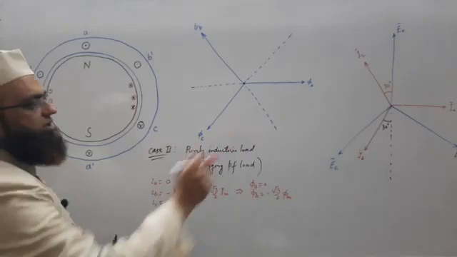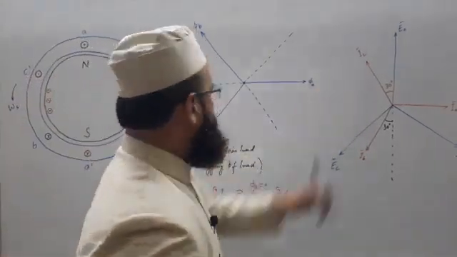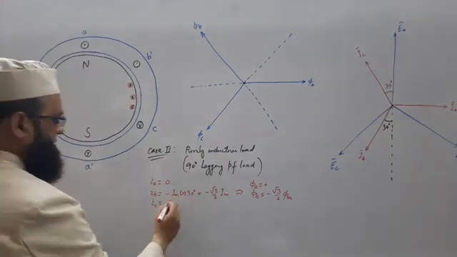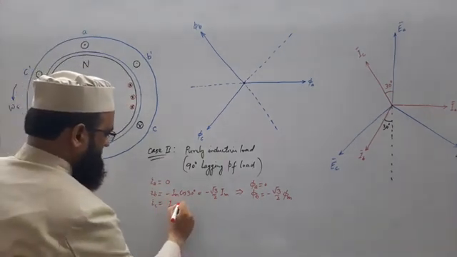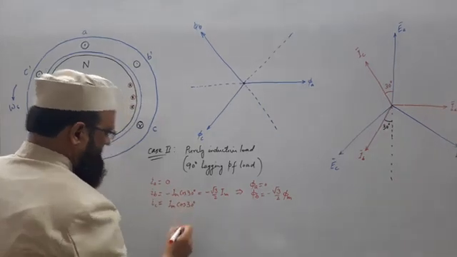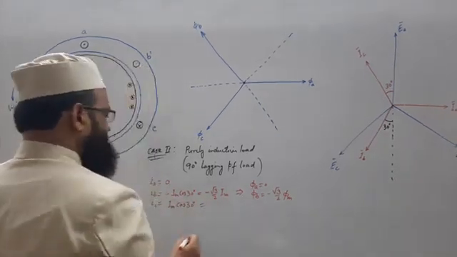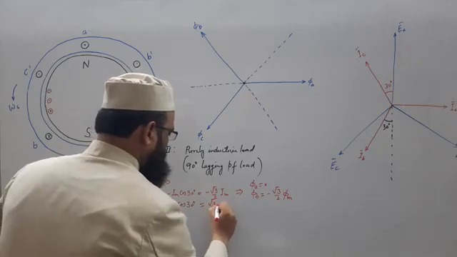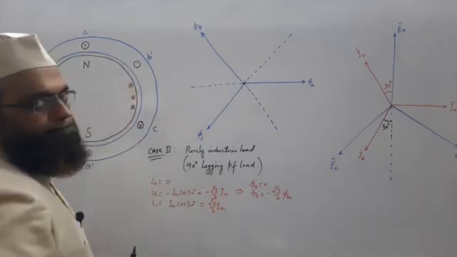What about IC? IC is Im cosine 30 degrees. So this will be cosine 30 again, root 3 by 2, root 3 by 2 Im.